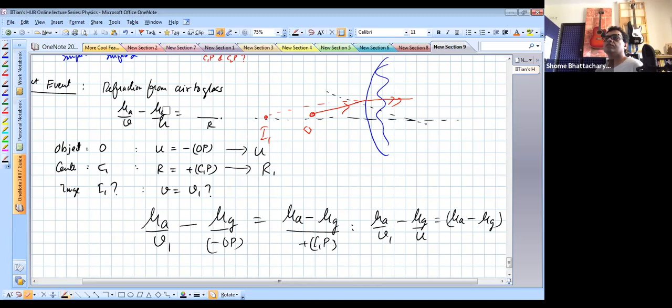So this is actually in reverse. The second refraction, which is happening from glass to air, that will have these.